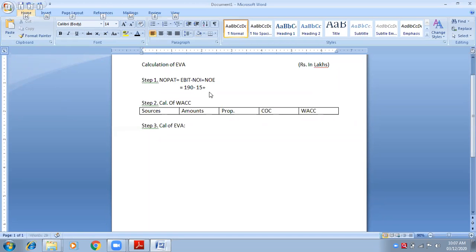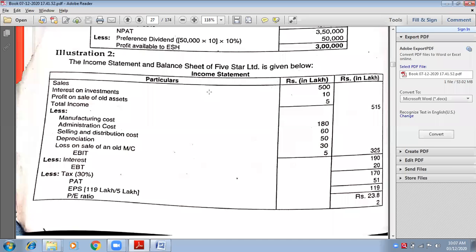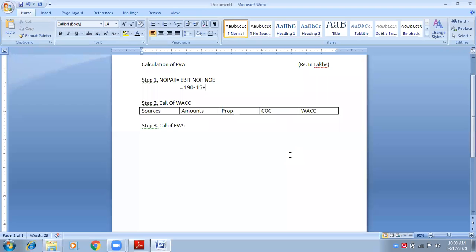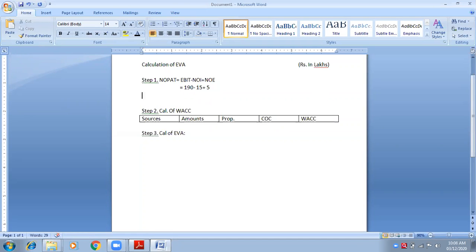Add NOE. How many NOEs are there? Only one: loss on sale of old machinery 5. So NOE is 5. What is the answer? 190 minus 15, add 5. The answer is 180. Very good.